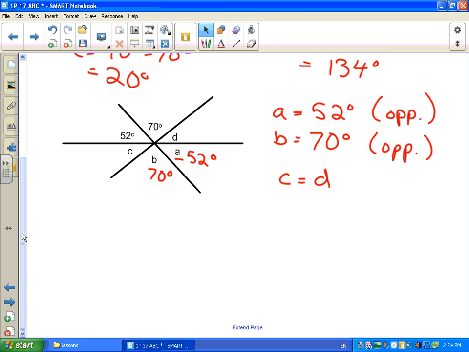How can we figure out what either C or D is? Well, let me draw a line like this. What do we see about C, that 52, and that 70? Put those three angles together, and what do I get?